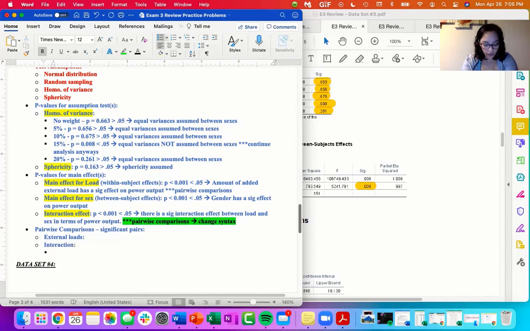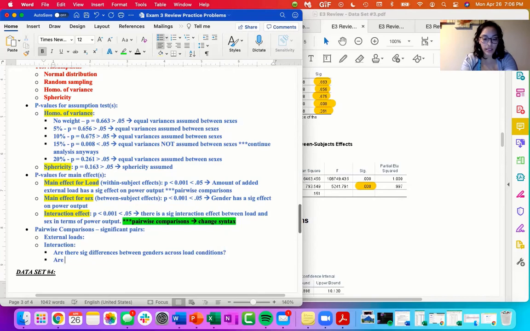Okay, so one of the interactions is going to be comparing, let's see, actually I'll phrase it this way, as in how I might ask it. Are there significant differences between genders across load conditions? Question mark.